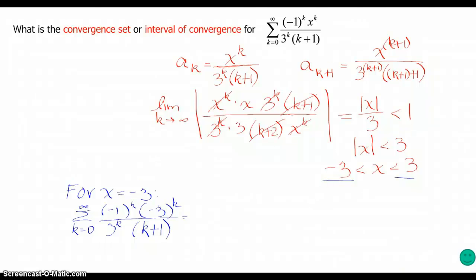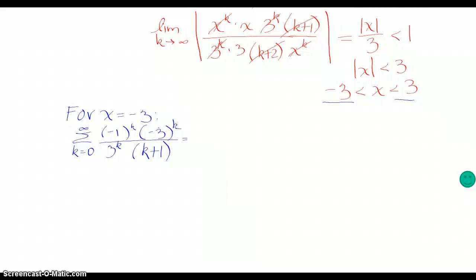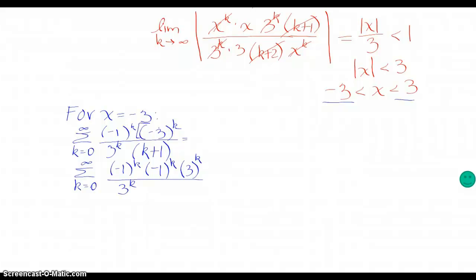So let's take some time to clean that up. We have the sum from k equals 0 to infinity. And now we're going to have (-1)^k times (-1)^k times 3^k. And all I've done is take this term and pull the (-1)^k out, because I see clearly that those are going to cancel.